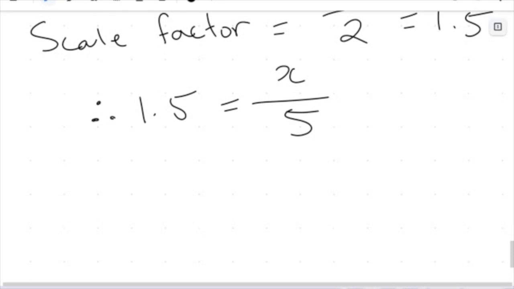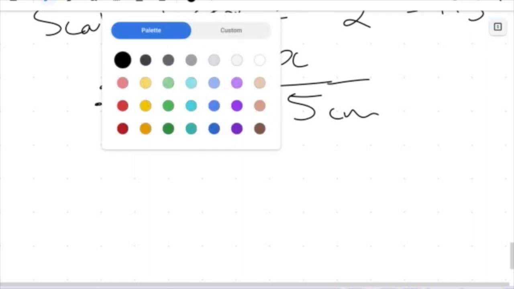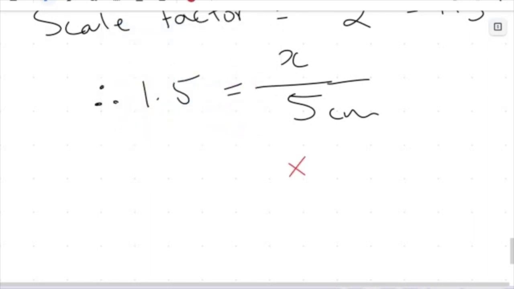So I have 1.5 here, I have 5 centimeters. So I'm going to solve this equation by multiplying by 5 on both sides to undo the dividing by 5 here.